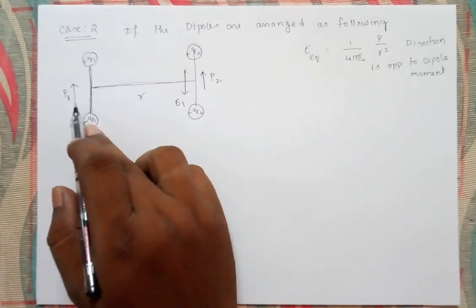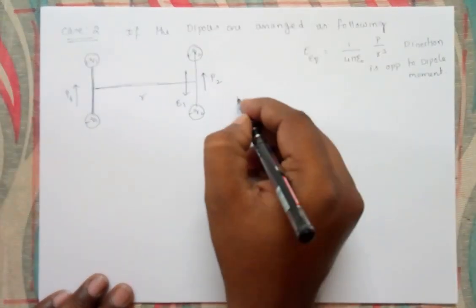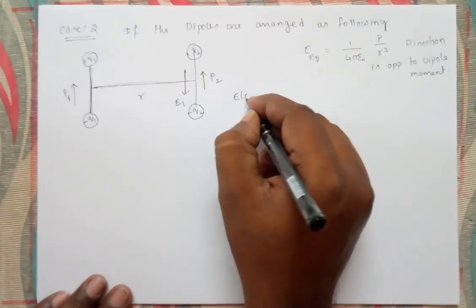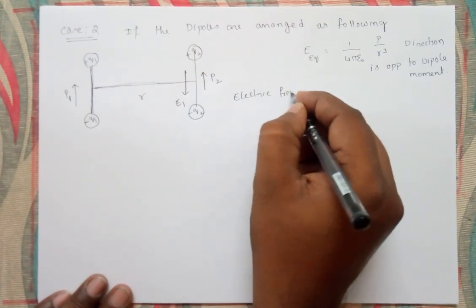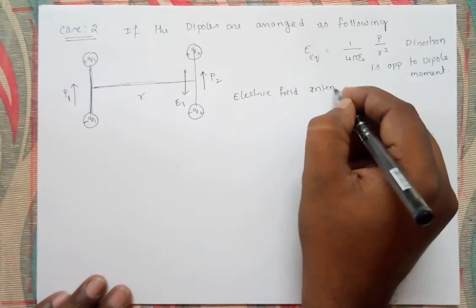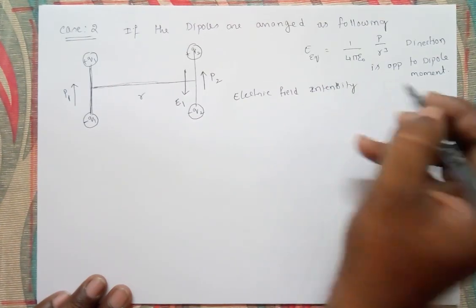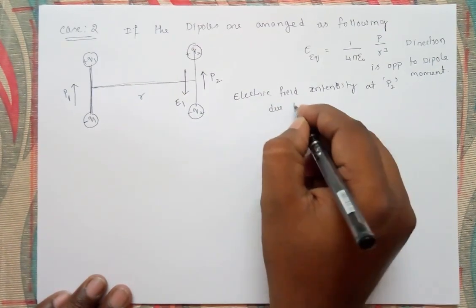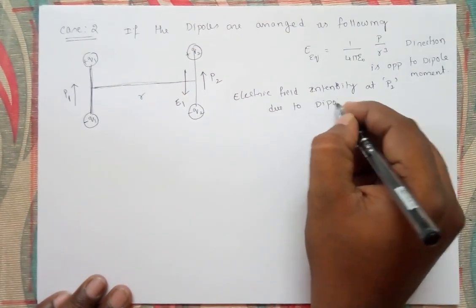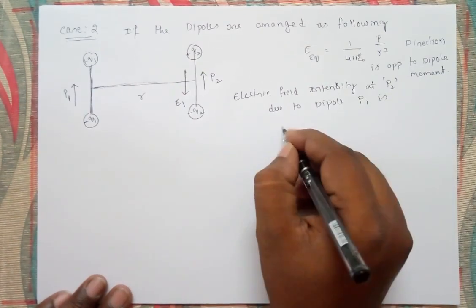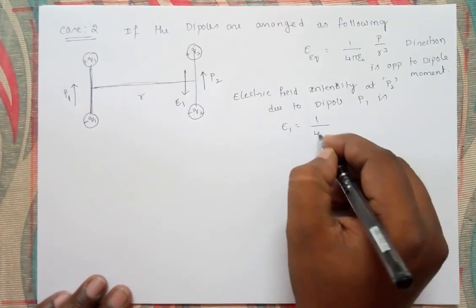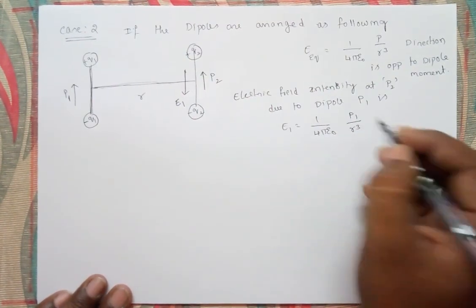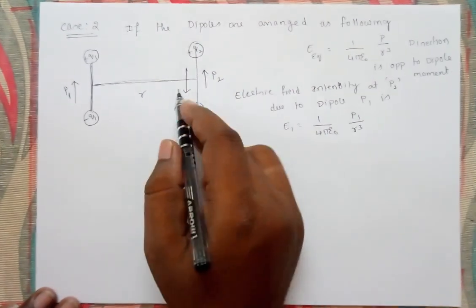So the electric field intensity at P2 due to dipole P1 is E1 equal to 1 upon 4 pi epsilon naught, P1 by R cube, which is opposite to the dipole moment.